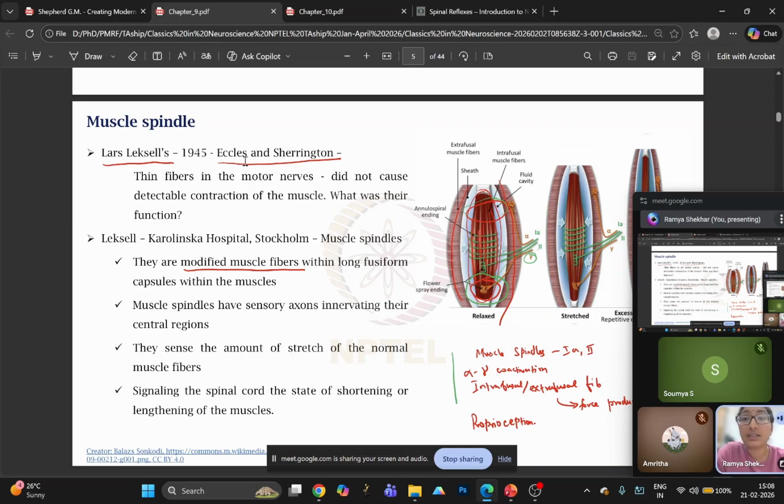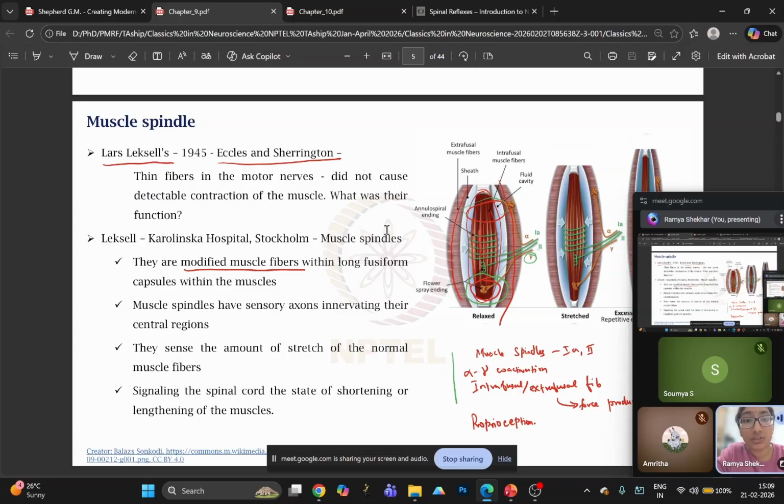So in around the 1920s, 1930s, Eccles and Sherrington had made one observation. The observation was that there were certain thin fibers in the motor nerves which were not, although if you stimulate these fibers, they are motor neuron fibers, right?